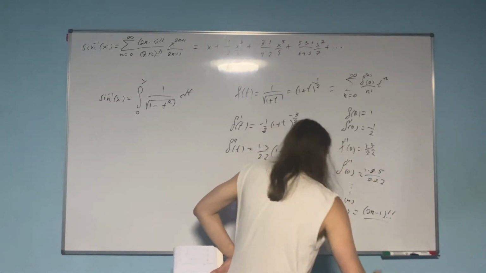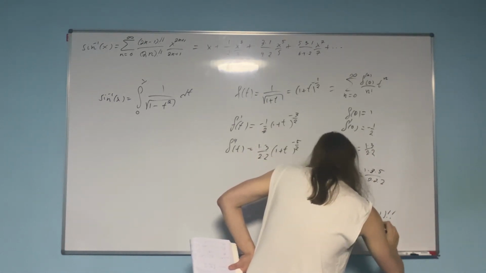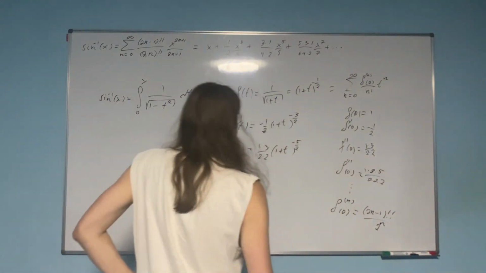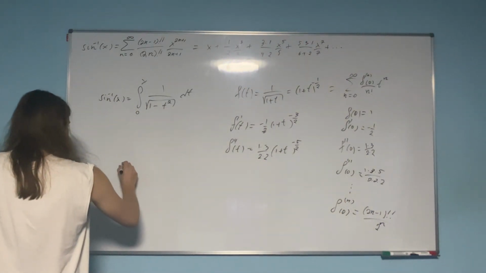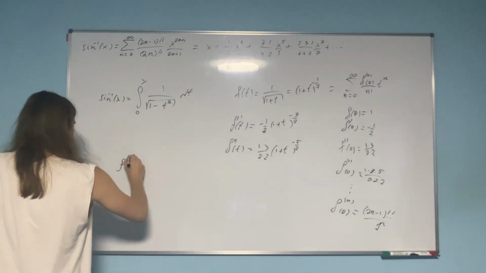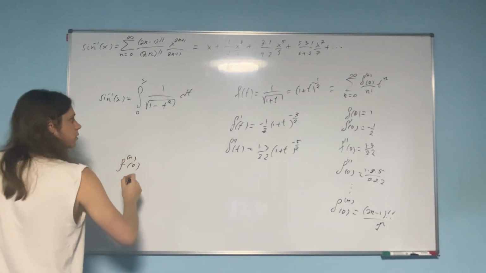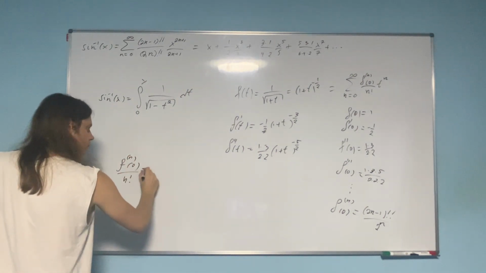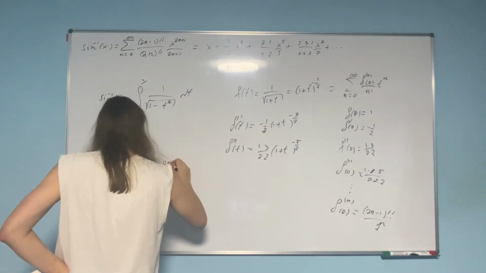However many derivatives we have, so it would be 2 to the n. And now the coefficient would be f^(n)(0) over n factorial, so this over n factorial.